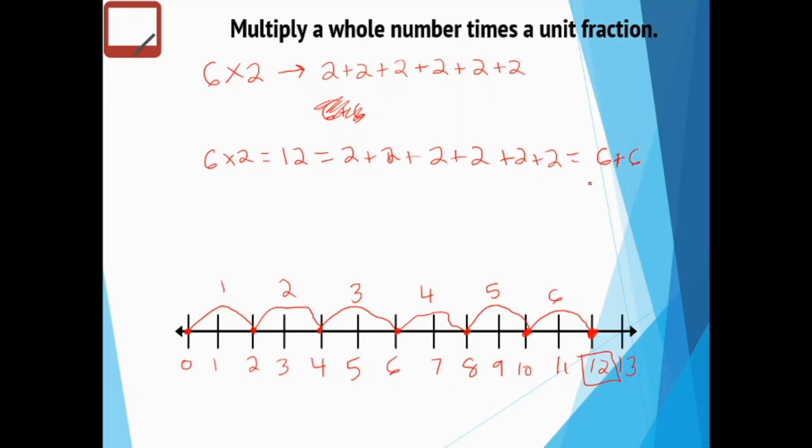So you see that there are a lot of ways to represent 12. As a mathematical expression, 6 times 2, just writing 12, breaking it up into a repeated addition of 2 plus 2 plus 2 plus 2 plus 2 plus 2, or another repeated addition of 6 plus 6. So there's a bunch of different ways to write it, but these 4 different ways of representing it all mean the exact same thing, right?